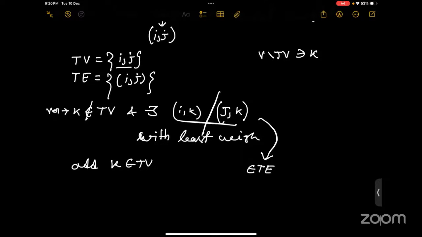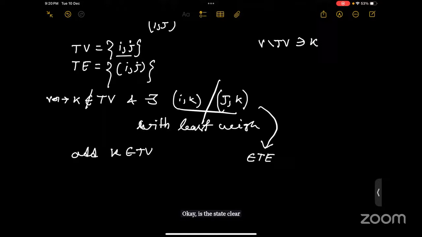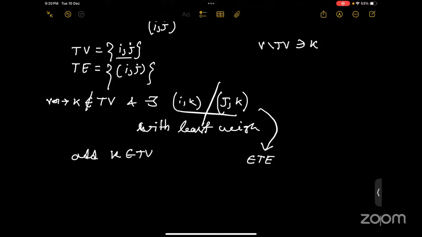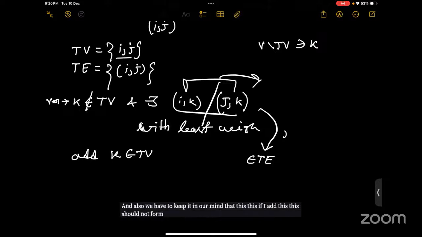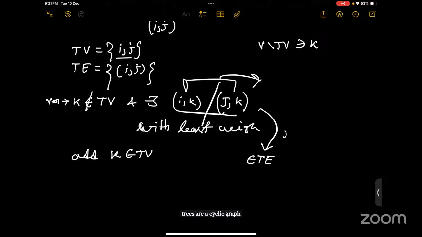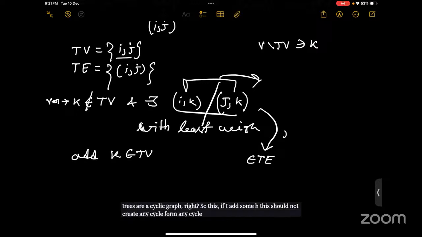Is the step clear? Now we will solve an example. Also we have to keep in mind that if I add an edge, it should not form any cycle, because a tree is an acyclic graph.